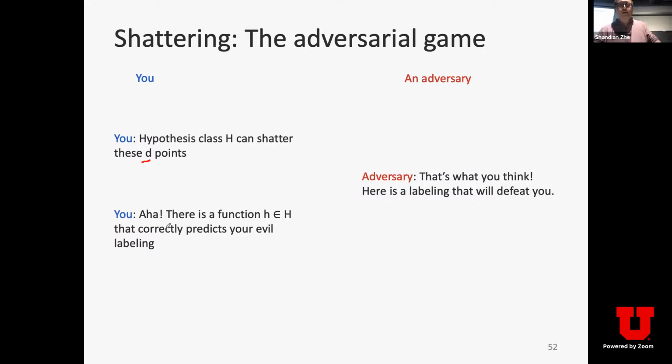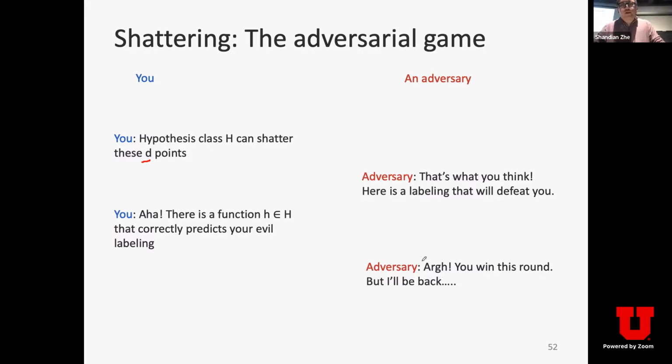If you can do this, you present it to the adversary and say, okay, your labeling is simple for me. And the adversary says, oh, you win this round, but I will be back, I'll provide another one. Just keep doing it. If the adversary has exhausted all possible labelings, that means you win.